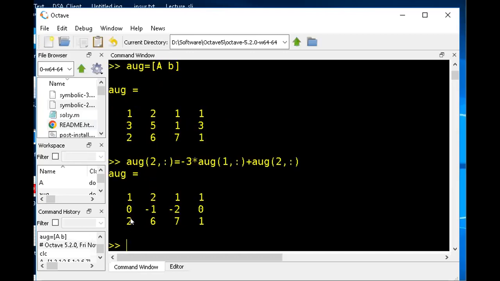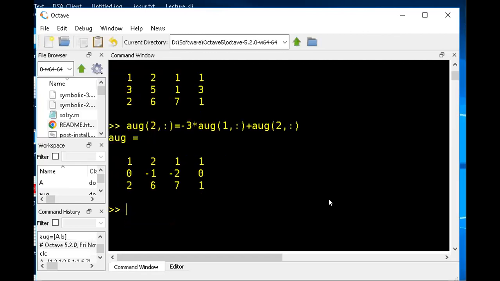So I would like to get 0 here. I want to kick out this entry. This time I will perform a row operation on the third row. What is the operation? I multiply the first row by -2 and add to the third row.